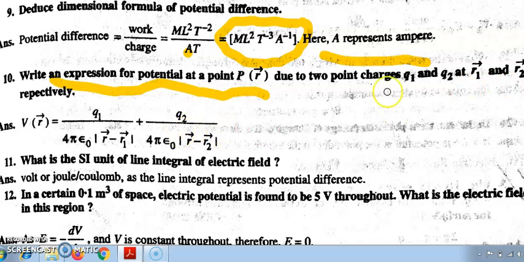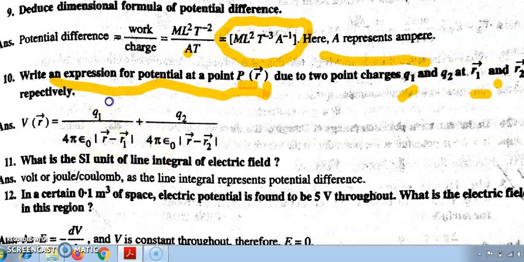So the position vectors of Q1 and Q2 are R1 and R2 from the origin, and there is a point P whose position vector is R from the origin O. If you want to calculate the potential due to charge Q1, you have to know the distance between Q1 and P. If R is the position vector of P and R1 is the position vector of Q1, then the distance between P and Q1 is obviously the modulus of R vector minus R1 vector, because distance is always a positive quantity.